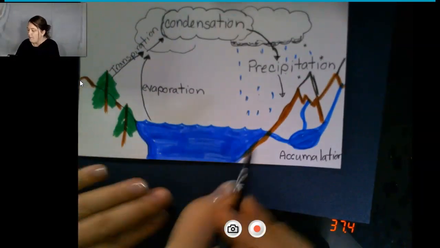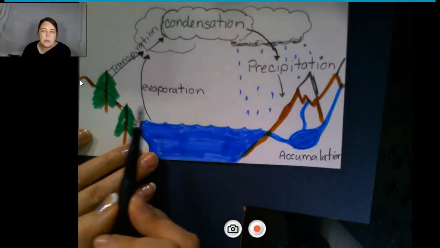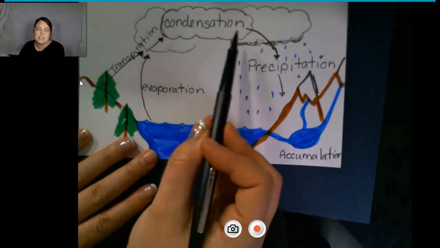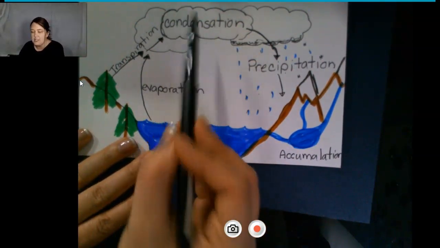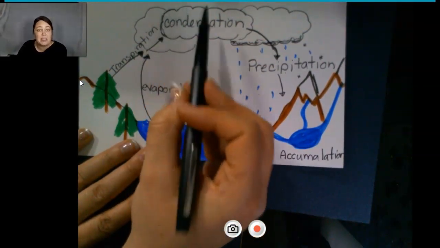So in your paragraph that you're going to write, you're going to talk about this water cycle and you're going to just choose a point to start. Maybe it's condensation and you're going to say condensation is where those water molecules collect to form clouds.